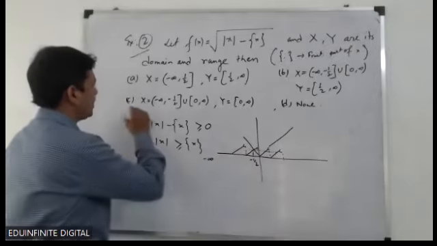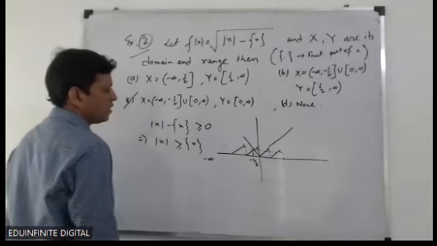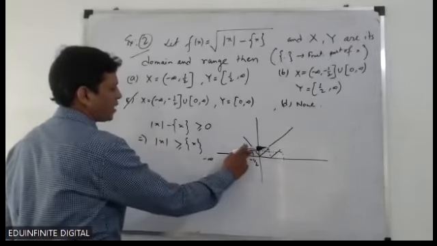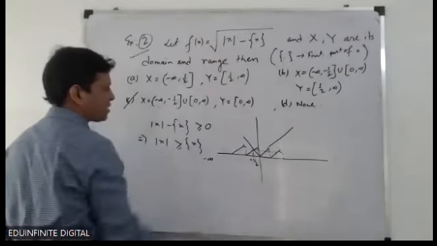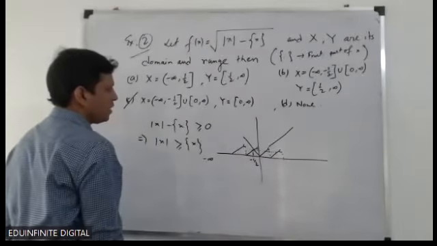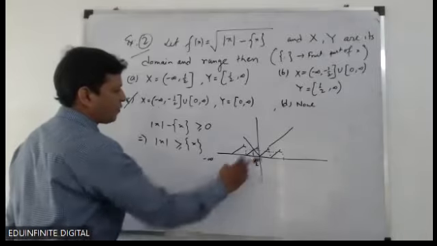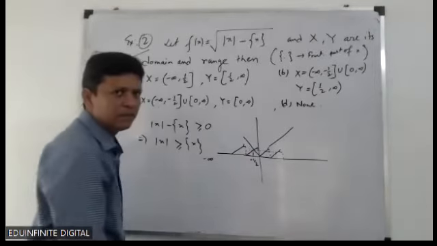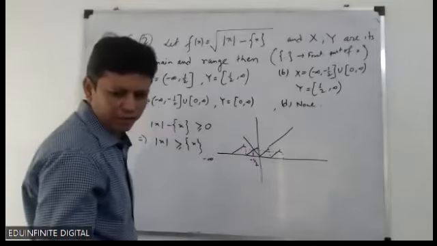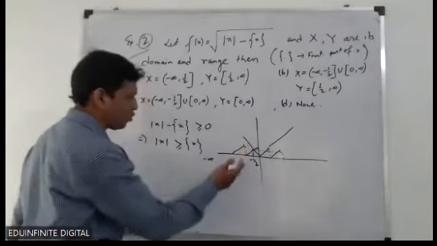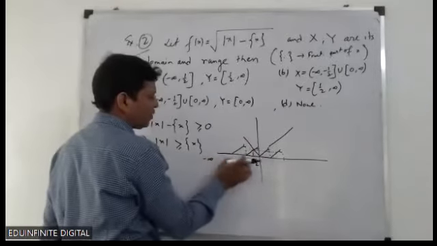No, option C. Minus infinity to minus half in this part, mod x is more than the fractional part of x. After 0, from 0 to infinity, mod x is more than the fractional part of x.